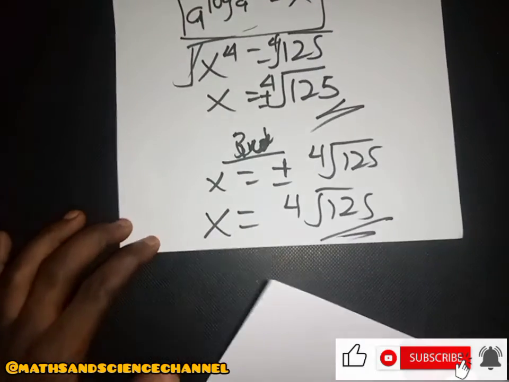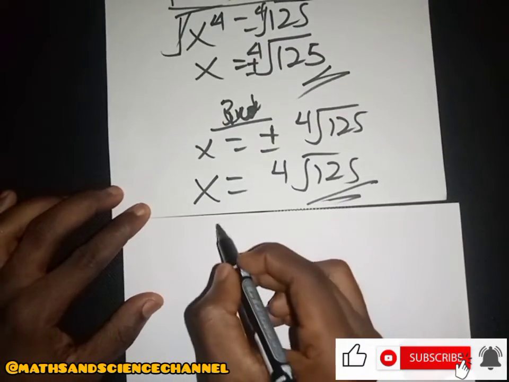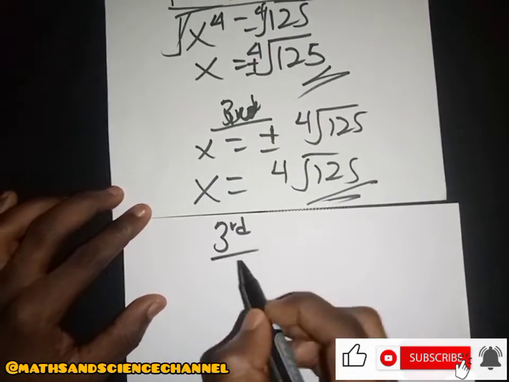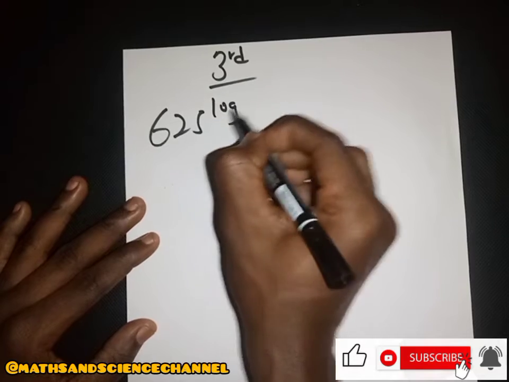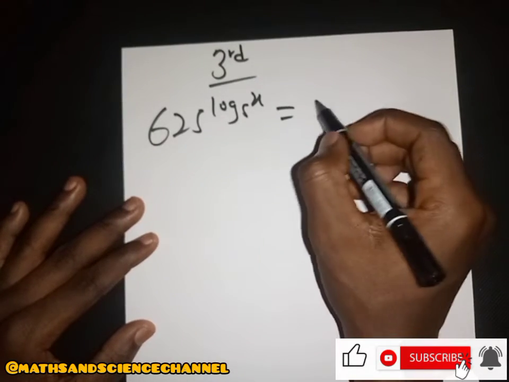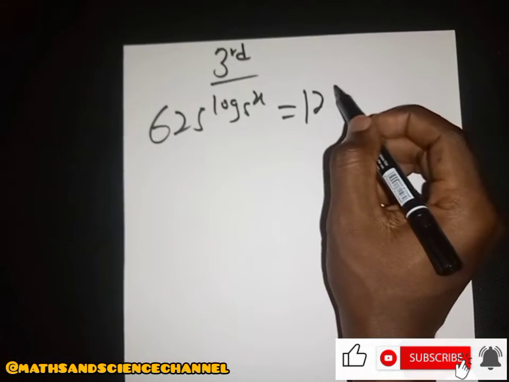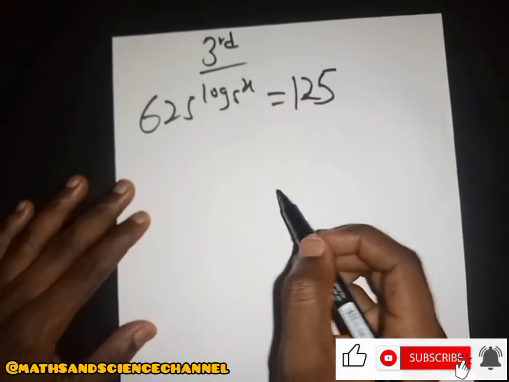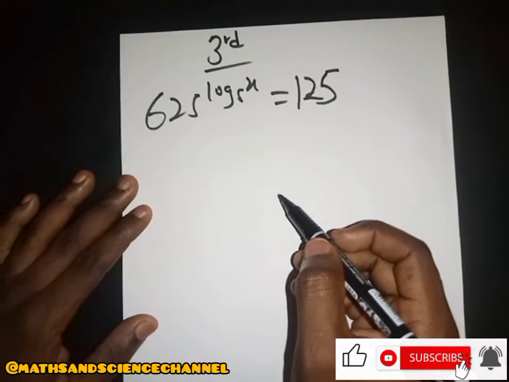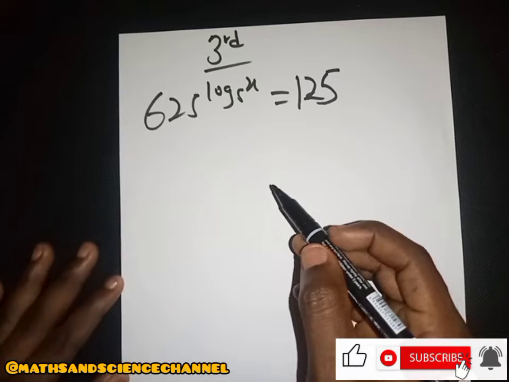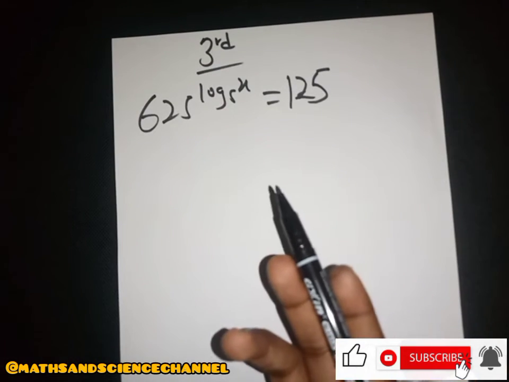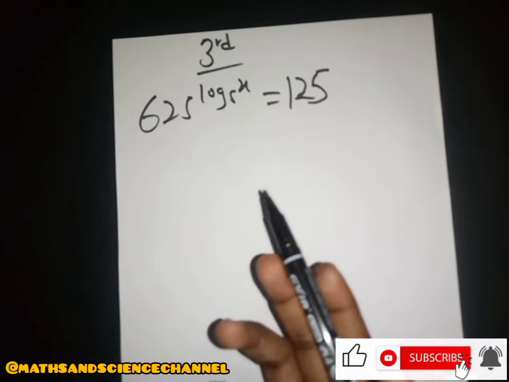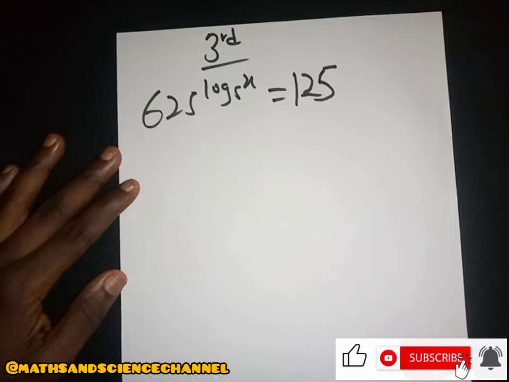So now let's look at the third method. For the third method, what we are going to do is that if we have 625 to the power log base 5 x being equal to 125, we multiply both sides by the log base 5.